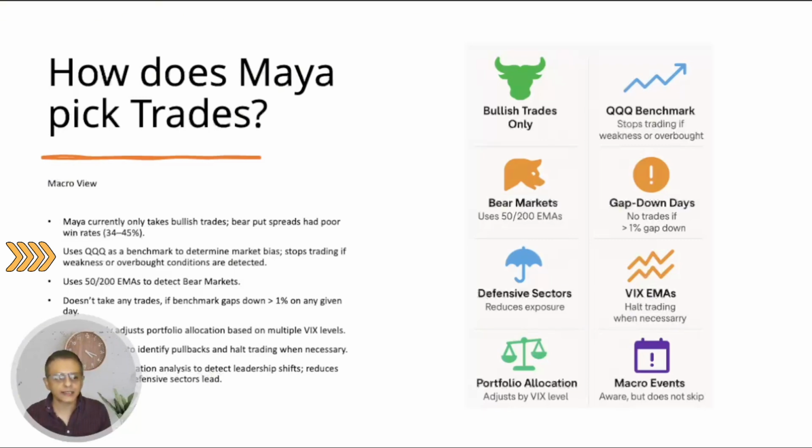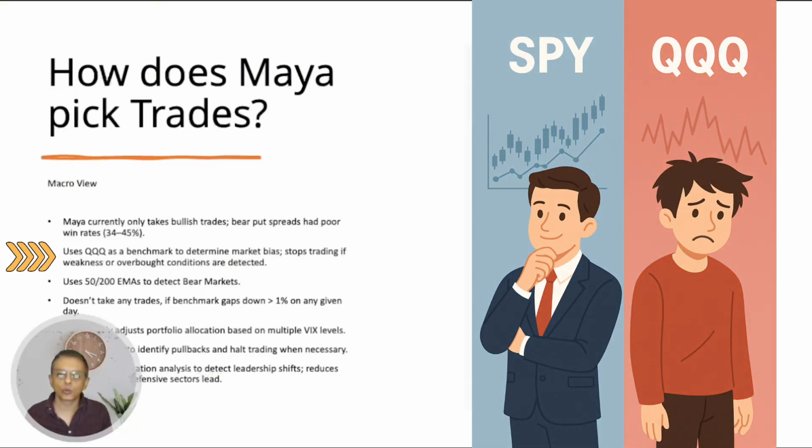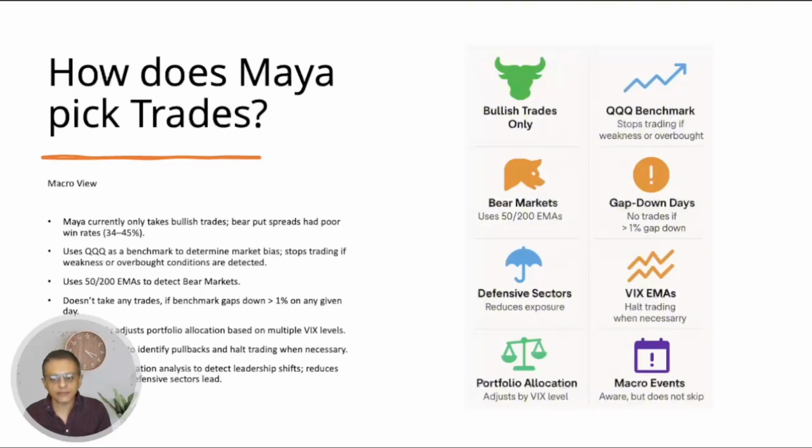I always say that SPY is the well-behaved cousin of QQQ. Any kind of exaggerated move, a pullback or correction, first shows up in QQQ, and then the S&P 500 or SPY will follow. So I use Qs as my benchmark.